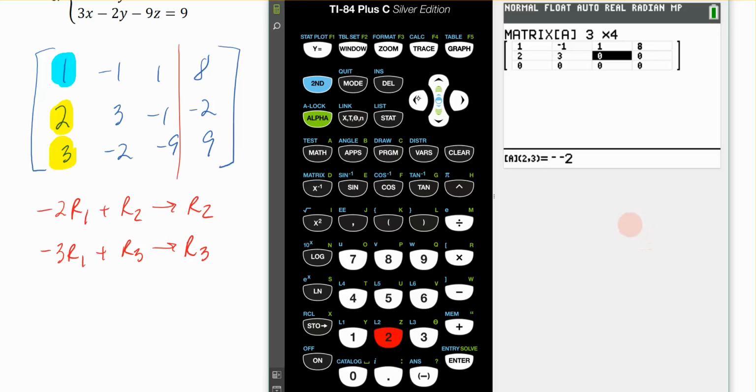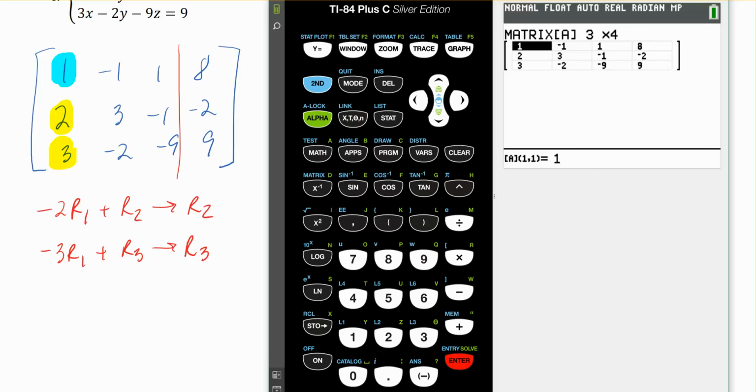Let's go back a little. Negative 1. Let's see if that works for me. Nope, still not. There we go. Negative 1 and negative 2. Enter. I've got 3, negative 2, negative 9, and 9.